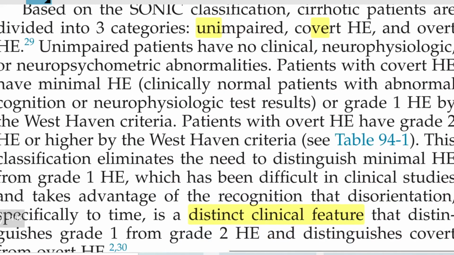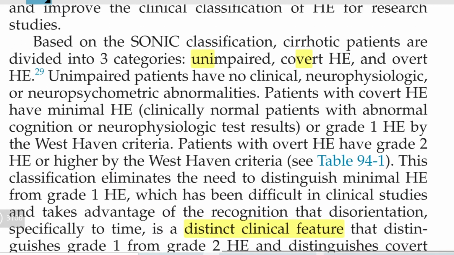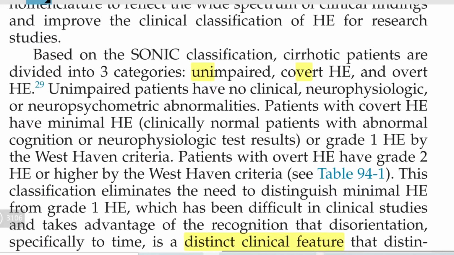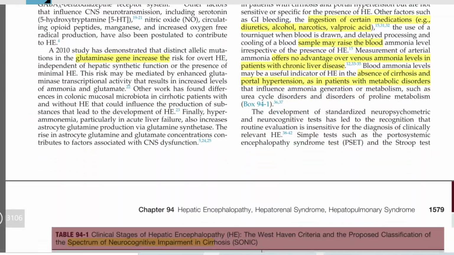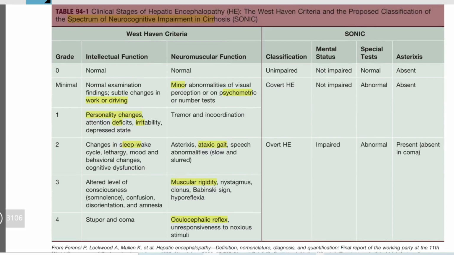Okay, so let's do the classification part now. We are going to see a table, then we will look into the nuances of each one. In this table, you can see the clinical stages. Here we have grades from 0, minimal, 1 to 3, 4, and on the right side we have SONIC, spectrum of neurocognitive impairment in cirrhosis.